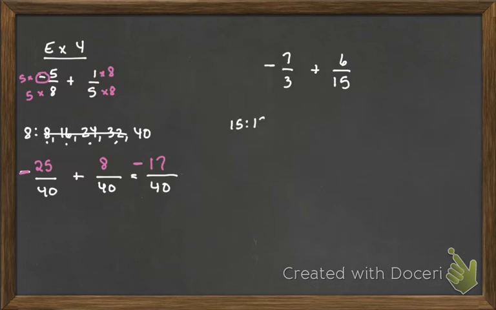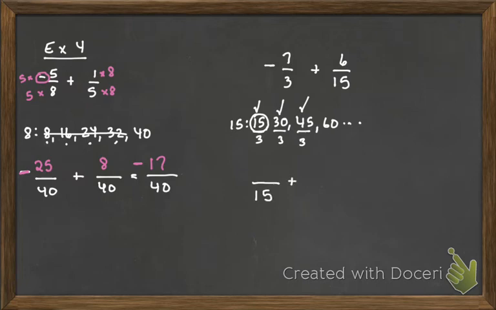Multiples of 15. 15 times 1, 15 times 2, 15 times 3, 15 times 4, etc. Okay, so 3. Does 3 go into 15? Yes, it does. It also goes into 30 and it also goes into 45. But remember, we're looking for the lowest one. So our common denominator is going to be 15.